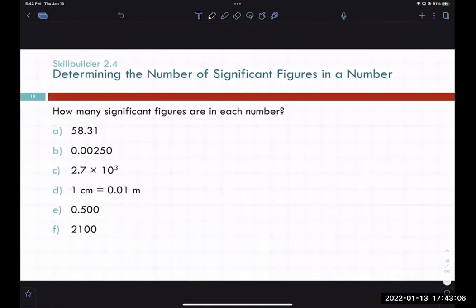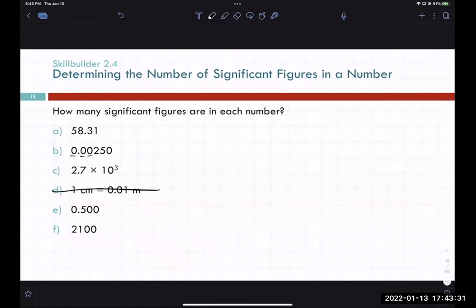Remember, for A, how many significant figures do we have? 4, right? All non-zero numbers, easy. Just count how many there are. That's how many sig figs. For B, I'm going to cross this one out. How many sig figs is that? 3. These are leading zeros because they're in front of our first non-zero number.